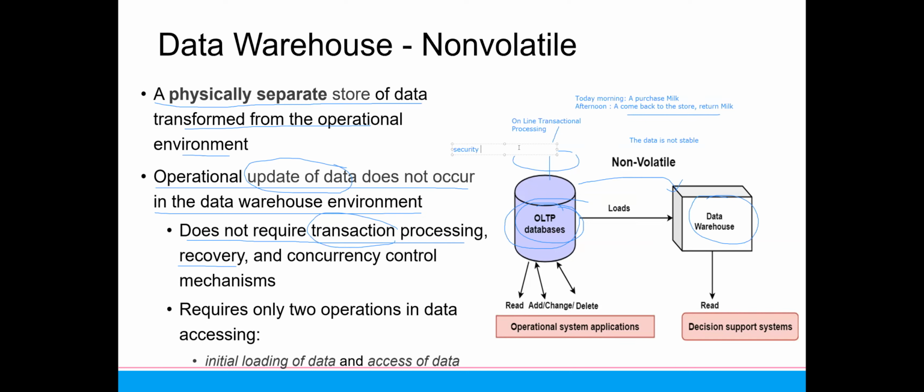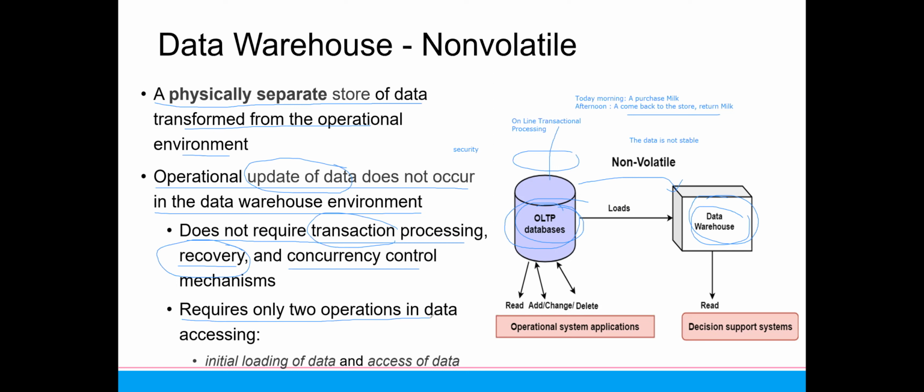People do not want to hack the data warehouse, they want to hack the transactional database. So that's why the transactional database usually has recovery. If something happens, then it should be recovered. And concurrency control, so it should be real time. But the data warehouse, not. You don't need to have concurrency.